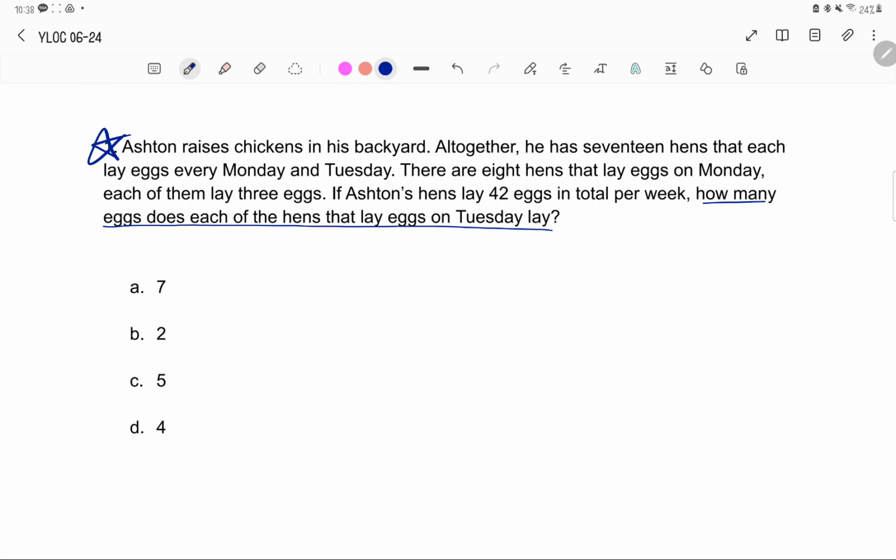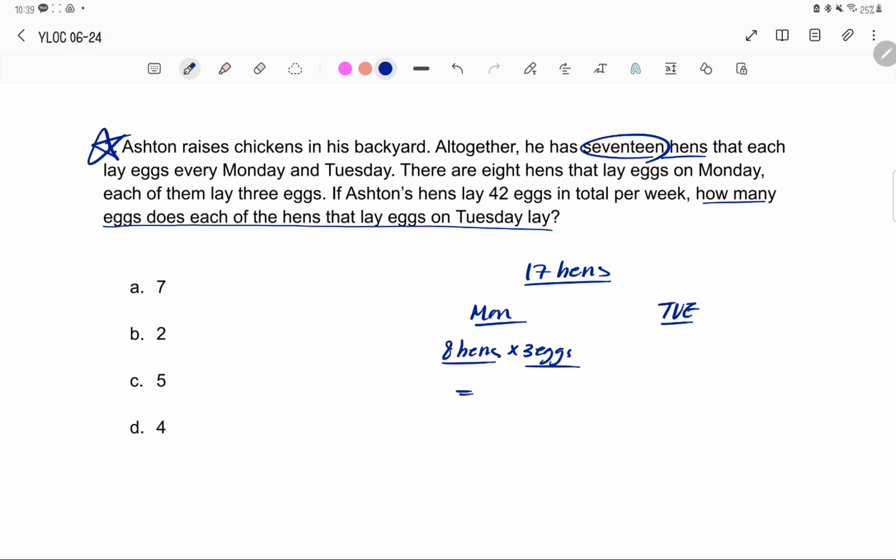So it seems that he has 17 hens in total, and they're laying eggs on Monday or Tuesday, but we're given that there are 8 hens, and each of them laid 3 eggs. So 8 hens and 3 eggs.